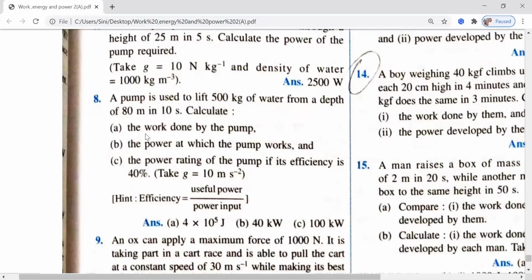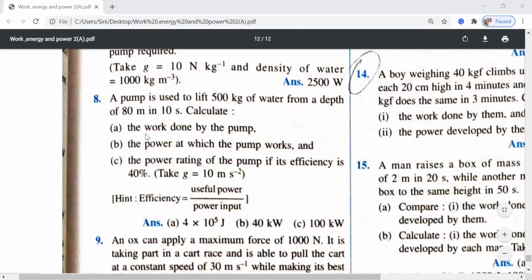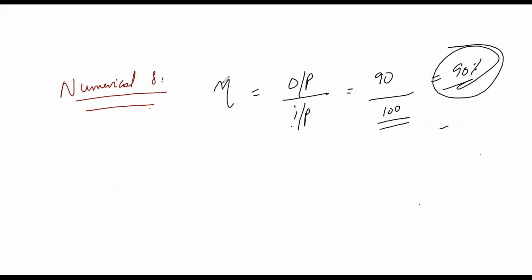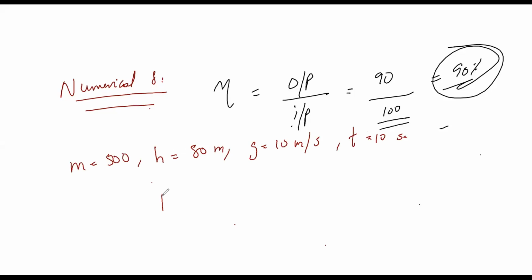Whereas in this question, we can clearly see 500 kg mass is given. Mass is 500 kg. Height is given, that is depth 80 meter. Gravitational acceleration 10 meter per second square. Time is also given, t is equal to 10 seconds. What is the work done formula? W is equal to mgh. This is the formula we have to use first.